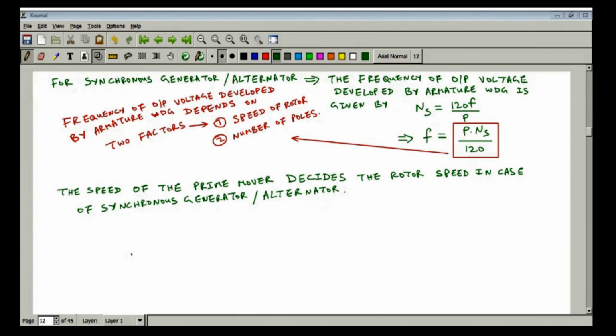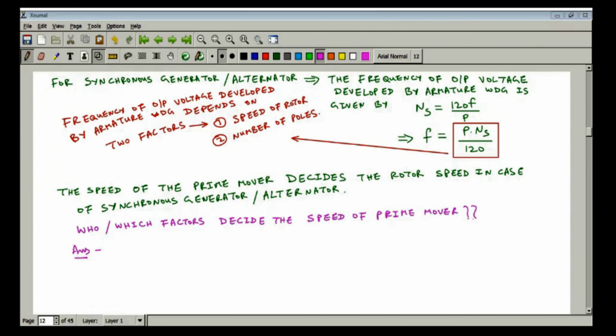Now, who decides the speed of the prime mover? If this is our line of reasoning, then the question comes: which factors decide the speed of the prime mover?